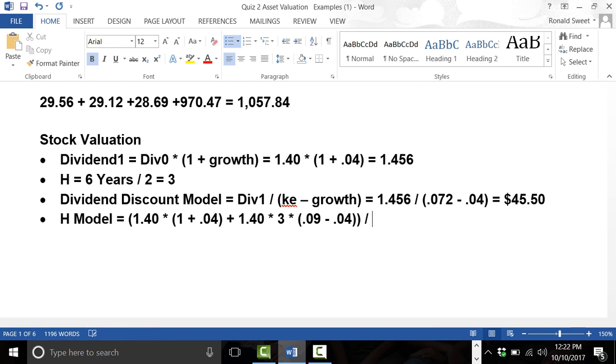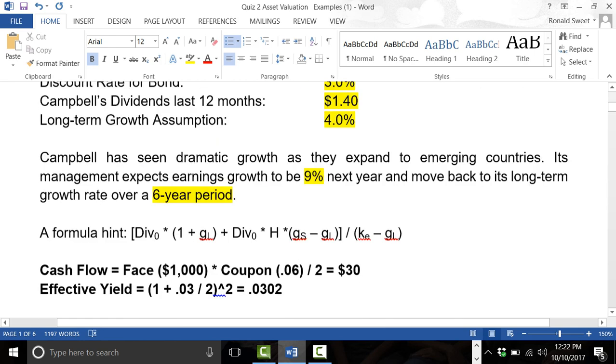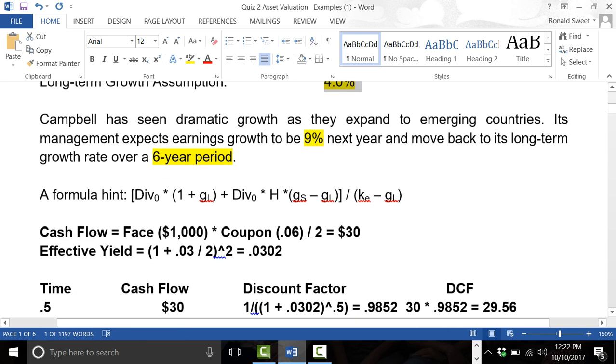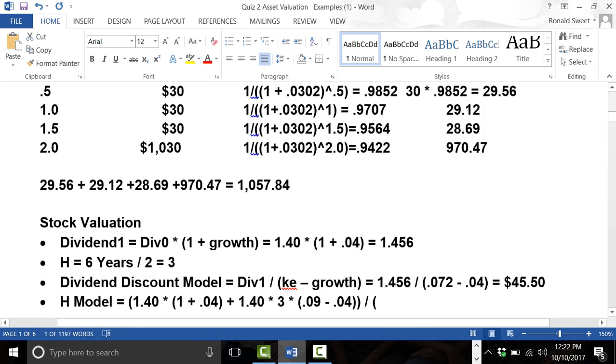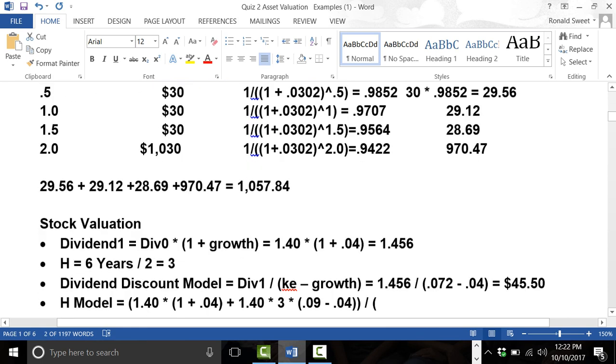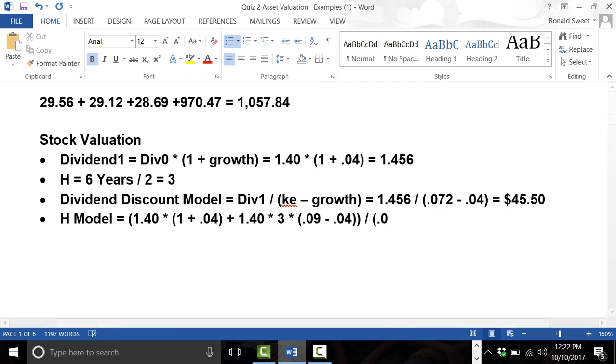That whole thing is divided by the exact same thing you divided by in the other one, the discount rate minus your long-term growth rate. So in this case, 0.072 minus 0.04. When you do all of that, you get an H model valuation of 52.06.